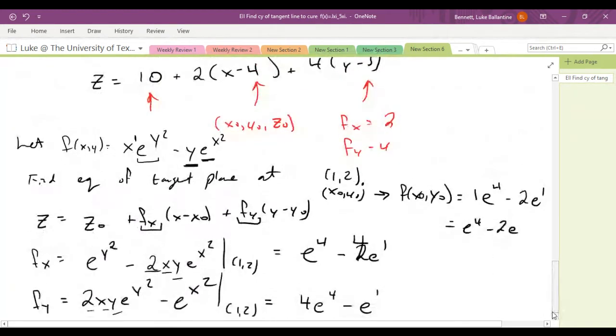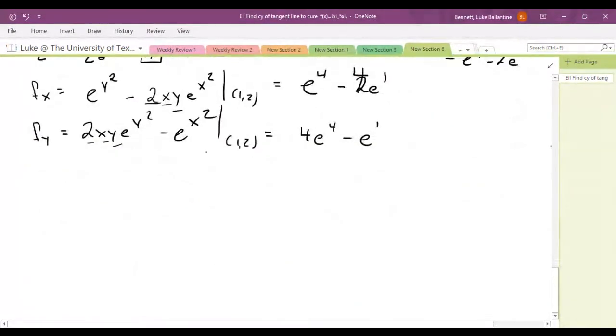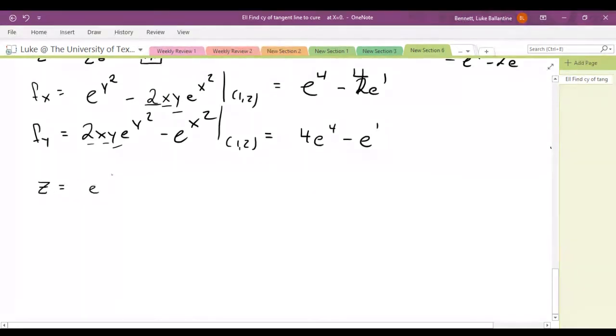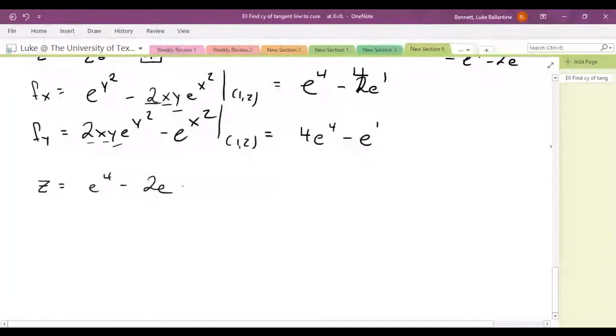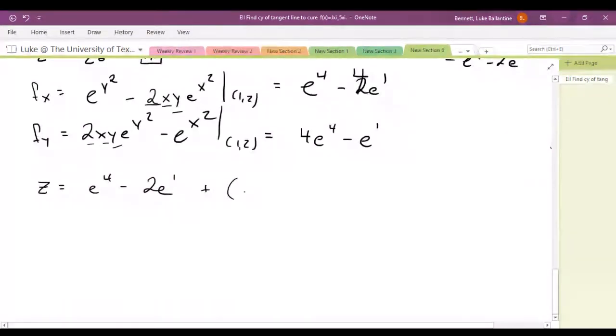Tangent plane. Tangent plane is z equals z naught, or f of x naught, y naught. We already calculated that. That was e to the 4 minus 2e to the first. Then we have to plug in f sub x, that's like the normal vector for the plane in the x direction.